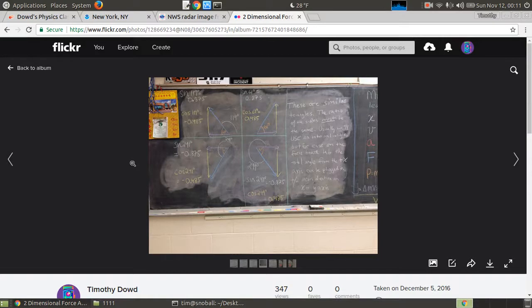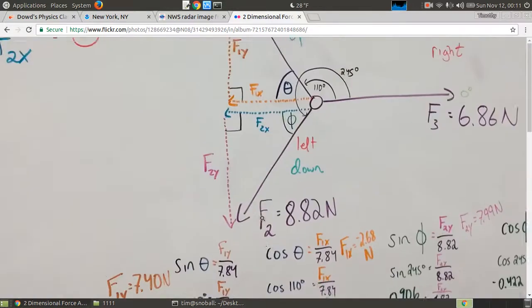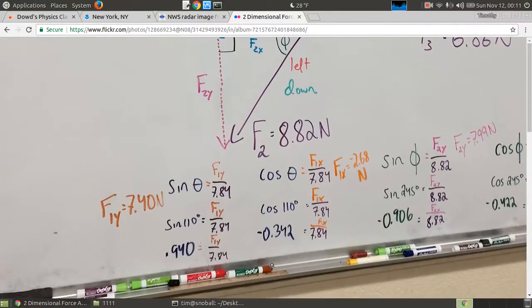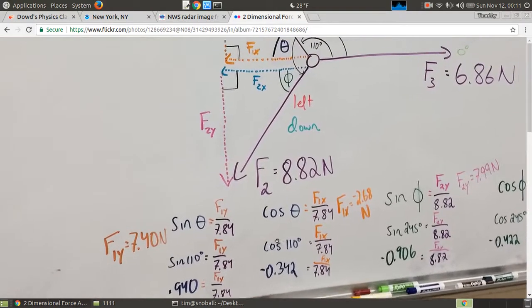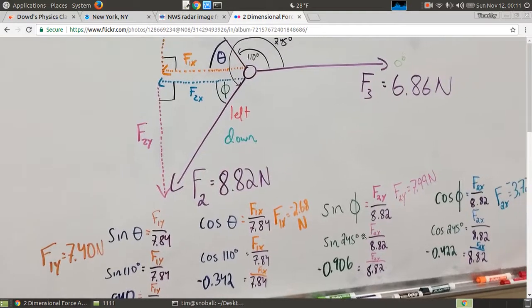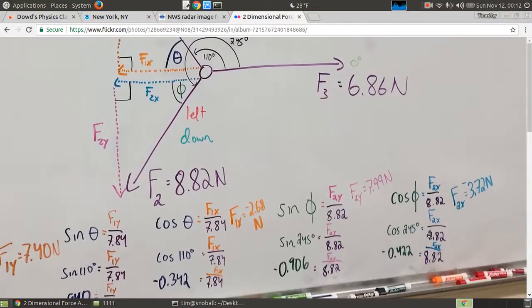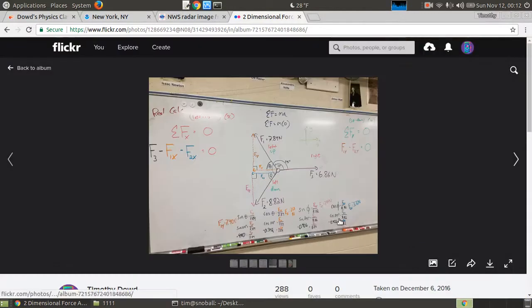If you're interested, you can take a look at it. But the key thing is our sines and cosines give us simple equations where we can solve for F1y and F1x, and similarly F2y and F2x. And that means we should be able to plug it in to these equations.